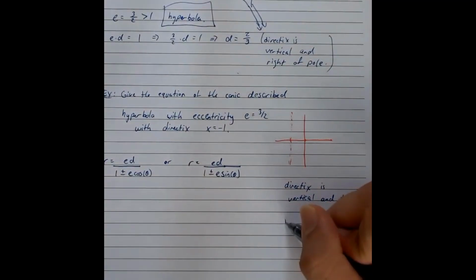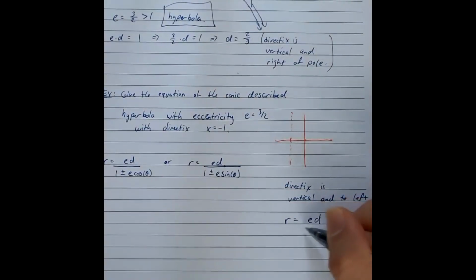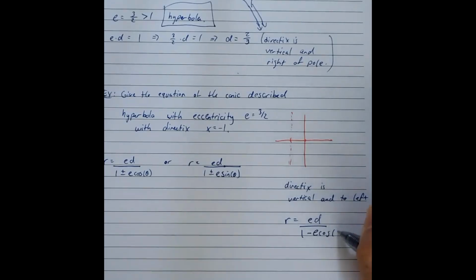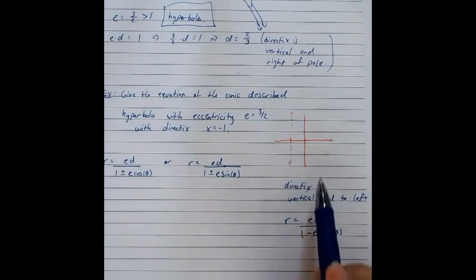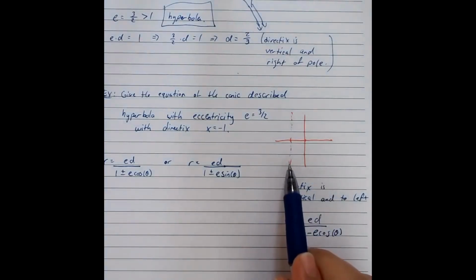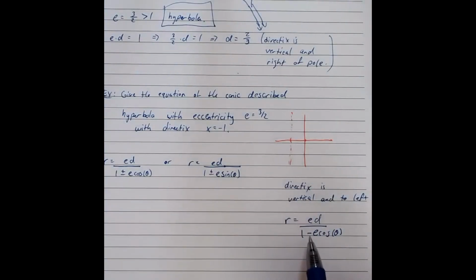So we know our equation will look like r equals ED over 1 minus E cosine of theta. Right? The fact that this is a vertical directrix to the left. And now we simply fill in our missing values here.